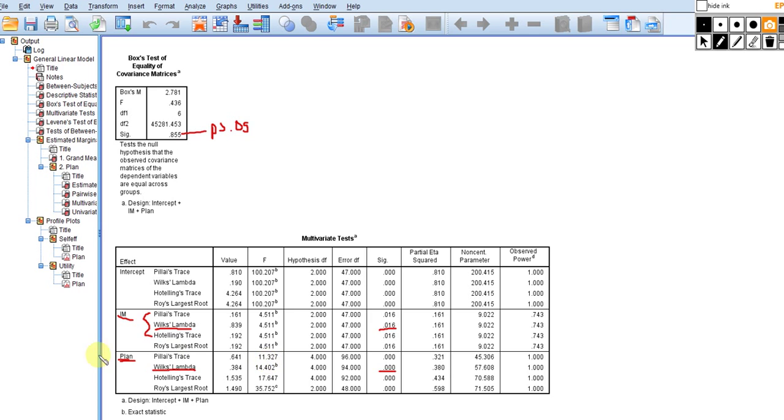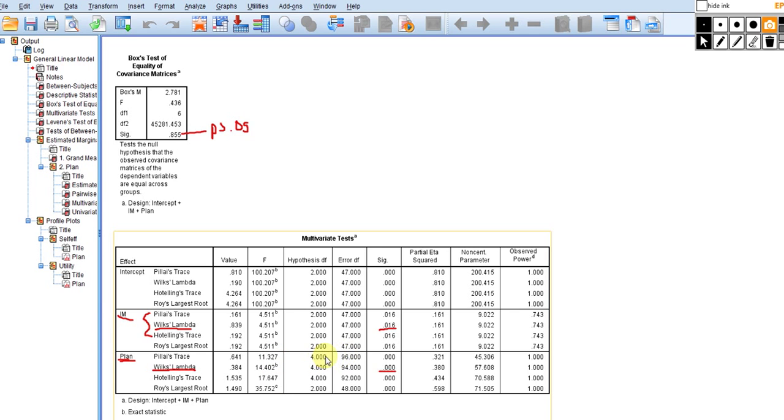If it were the case that I had only two groups that I was comparing on the dependent variables, then the F values, the hypothesis degrees of freedom, error degrees of freedom, everything would be exactly the same. But given that we have more than two groups, that's where these values will differ.